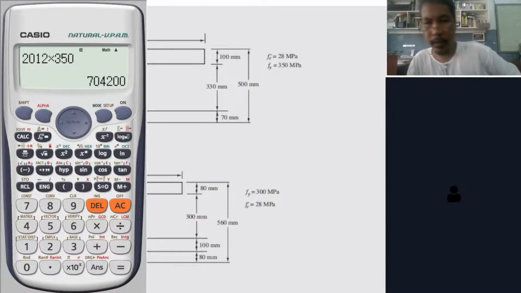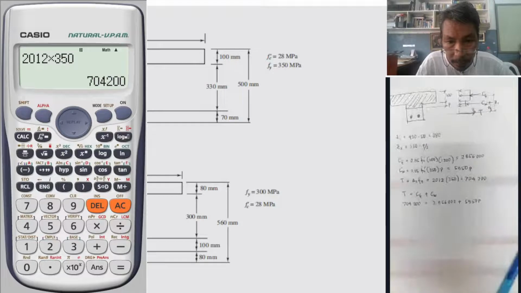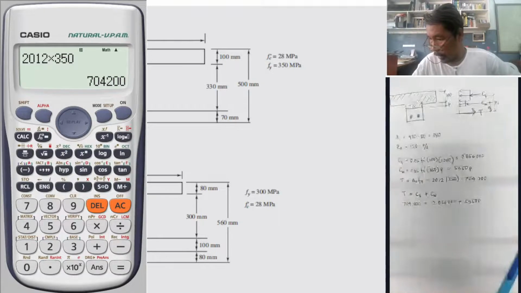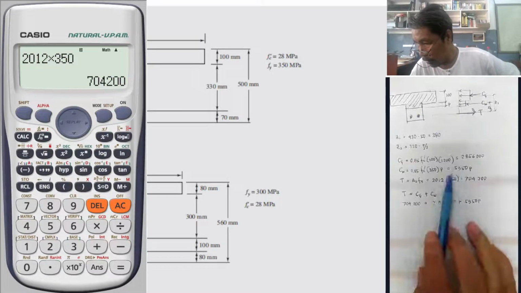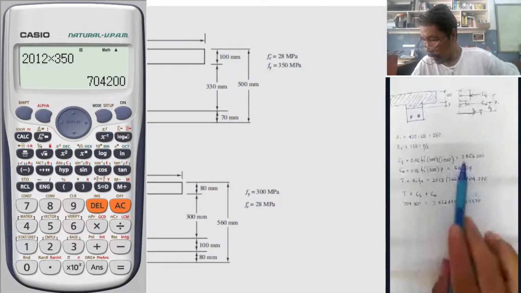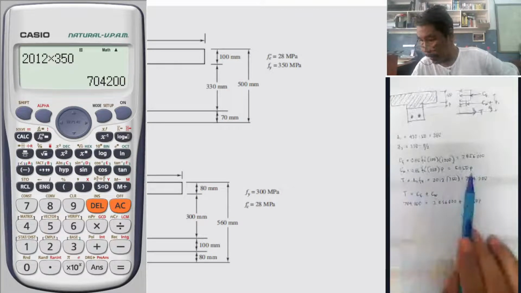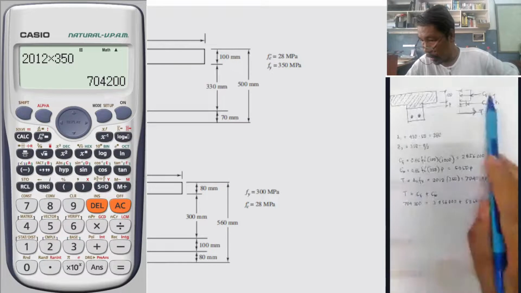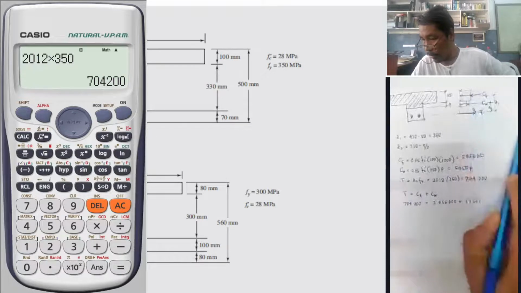CF, CW, and T: CF and CW are going to the left, T is going to the right, so we can equate.